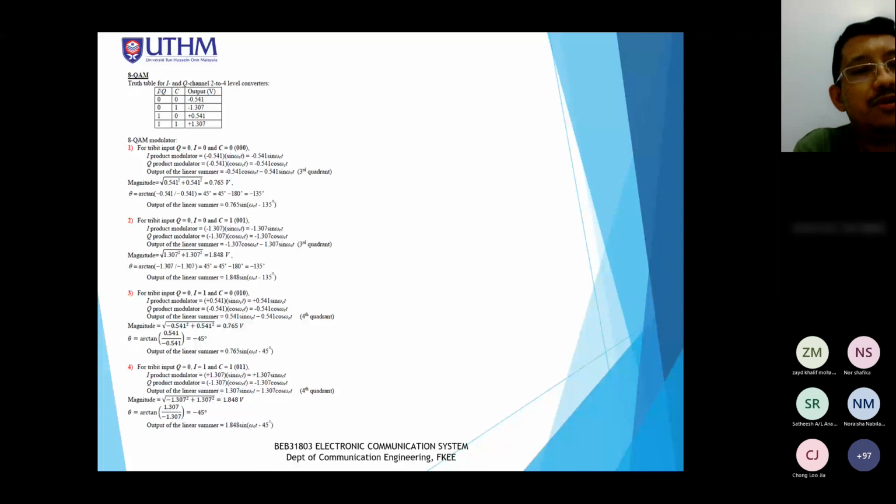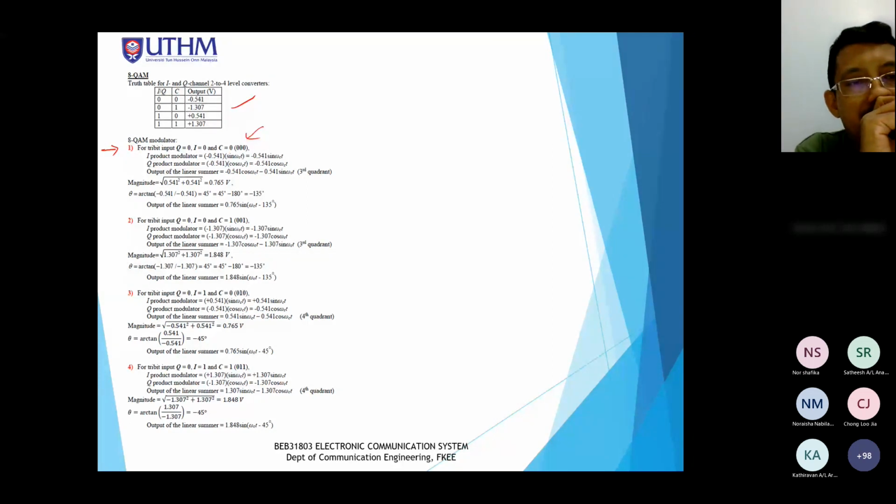So we have the table for the level converter. This is an example for the QAM modulator. For the first example, imagine we have the input 0, 0, 0.